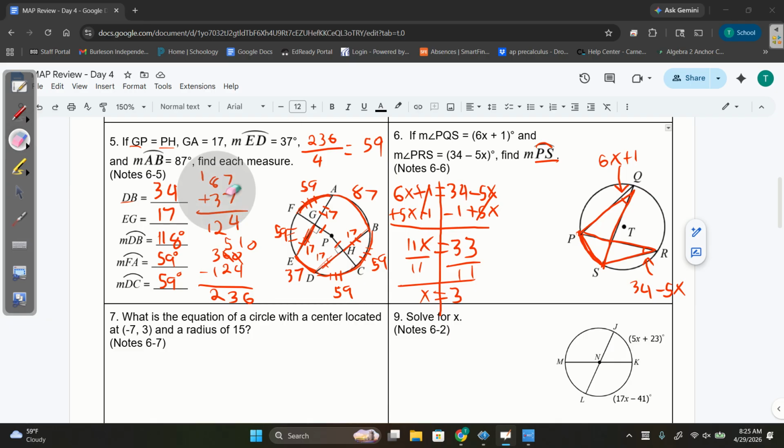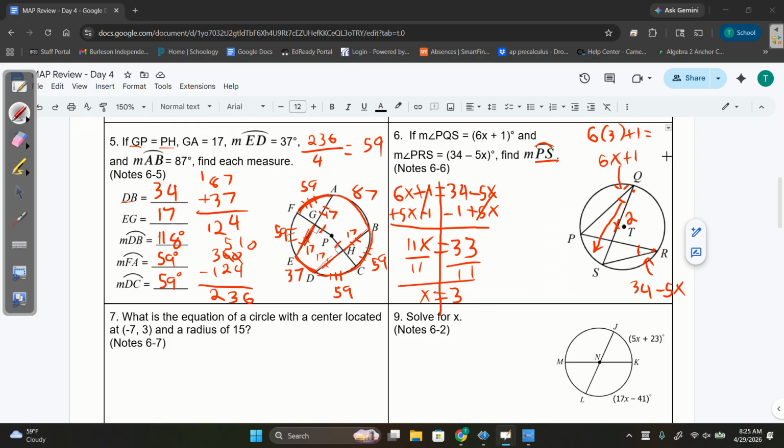Now, the reason that I did that is because we learned that to go from an inscribed angle to the arc, we need to multiply the angle by 2. So I can find out what this angle is by plugging 3 in for x. I can say this is 6 times 3 plus 1.